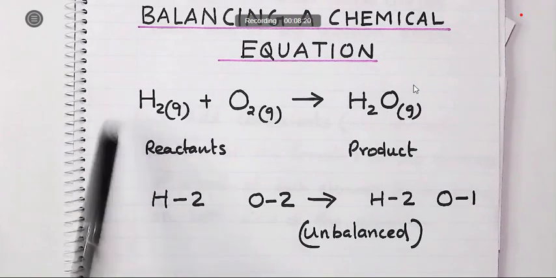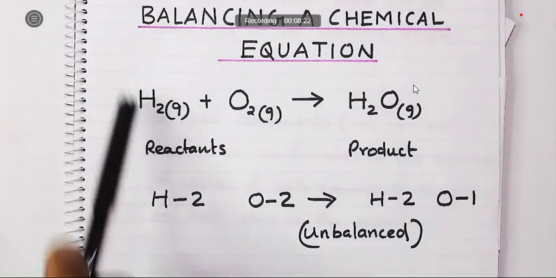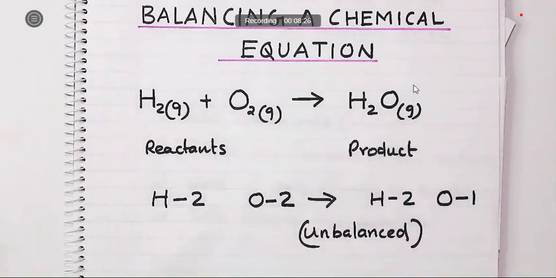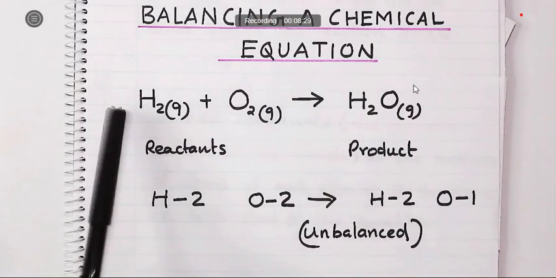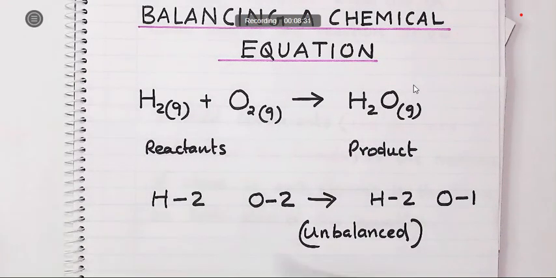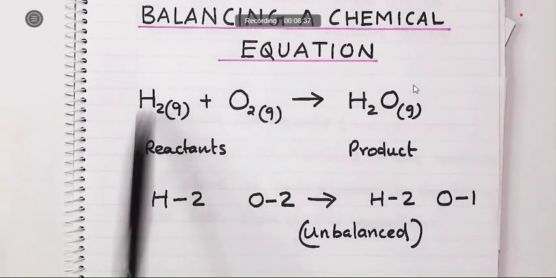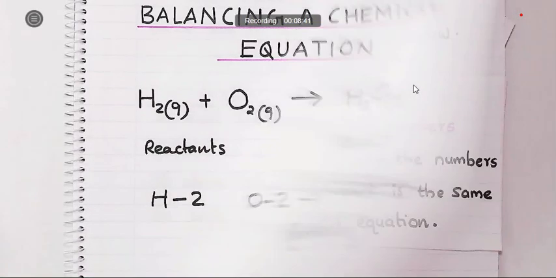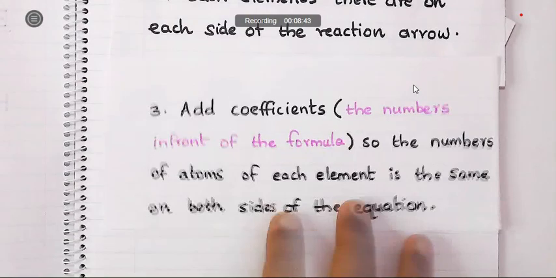If you just see H2, that means it is 1 H2. This is 1 O2, 1 H2O. After you use those numbers, the number of atoms of each element should become equal. So you should change those coefficients until you get an equal number of atoms on either side of the arrow. That is what step 3 explains.